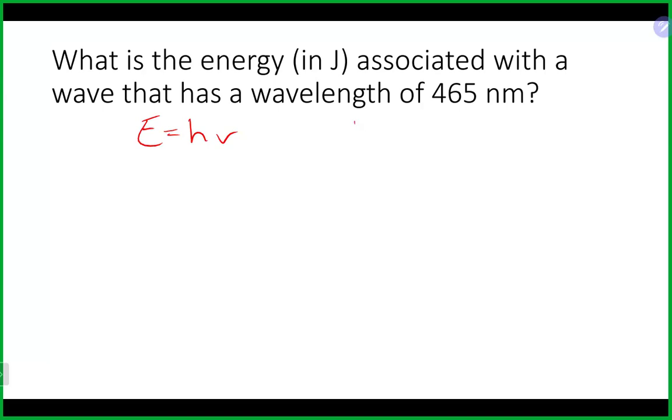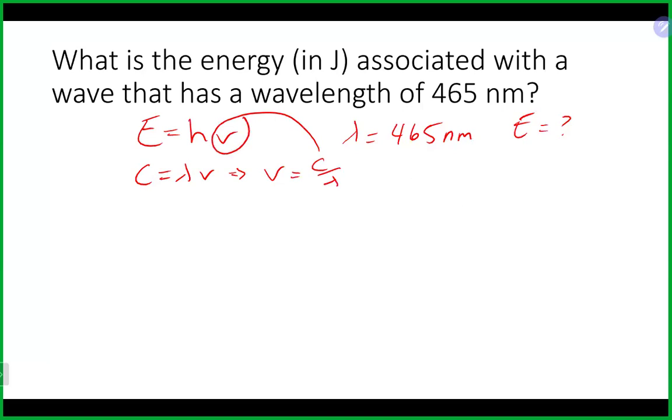In this case, though, we do have the wavelength given to us, which is 465 nanometers. So we need to tie the other formula together like we just talked about. Once again, solving for the frequency is c divided by the wavelength. Taking that and substituting that in will give us E is equal to hc divided by the wavelength.